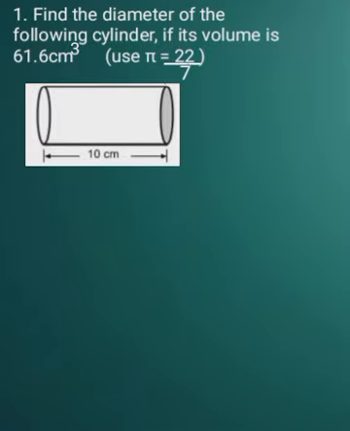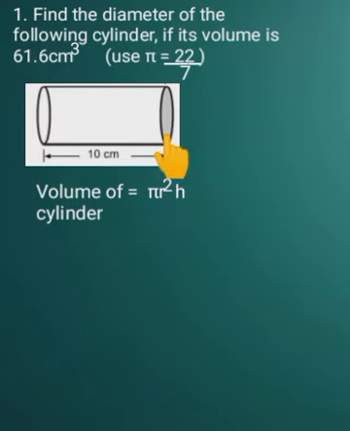In order to find the diameter of this cylinder, we will use the formula of volume of a cylinder. Volume of a cylinder is equal to the area of this circle multiplied by the height of the cylinder.